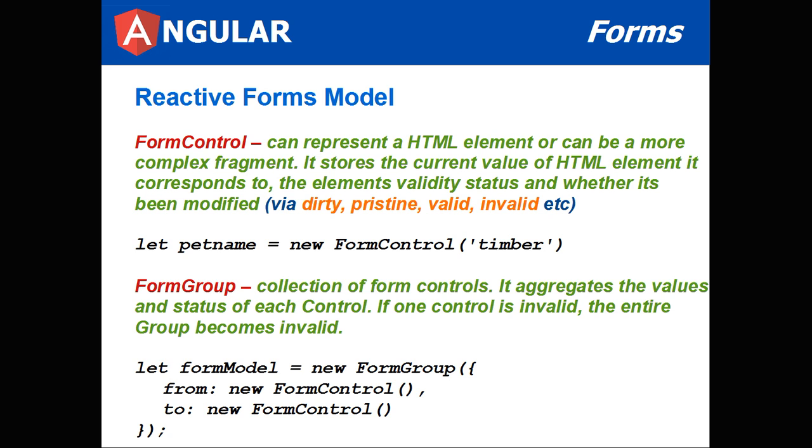So for example, the from can be a form control and the to can be a form control, and both of those can be contained in a form group. And the form group is then viewed as the form model. The component's template now has that model to try to map attributes to that form model using directives.